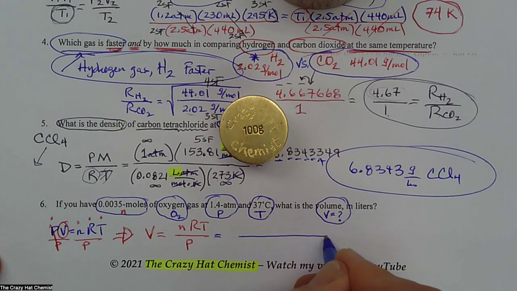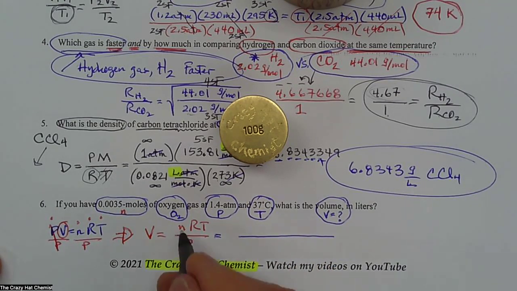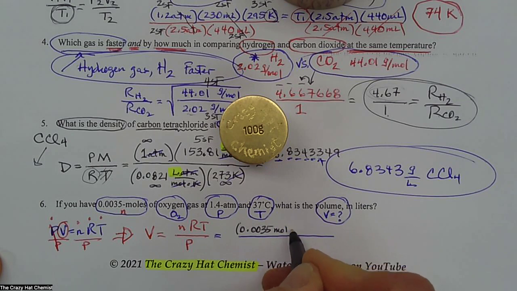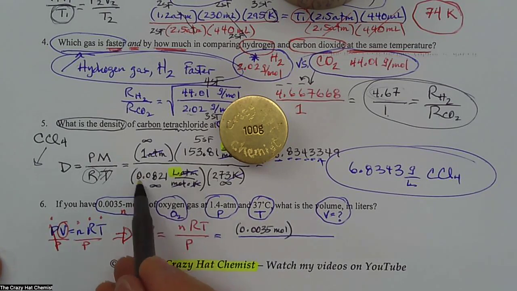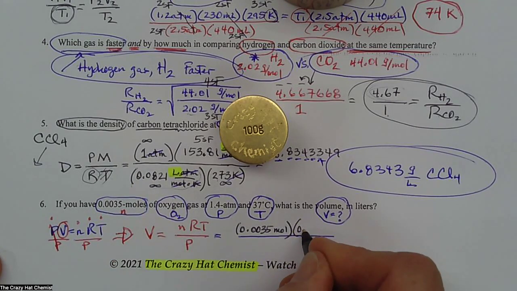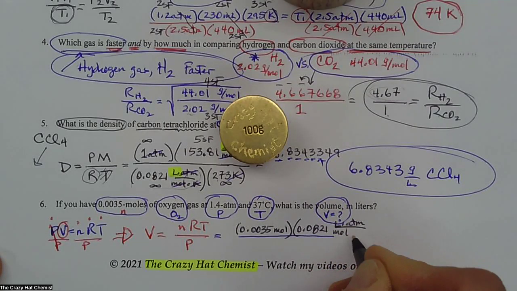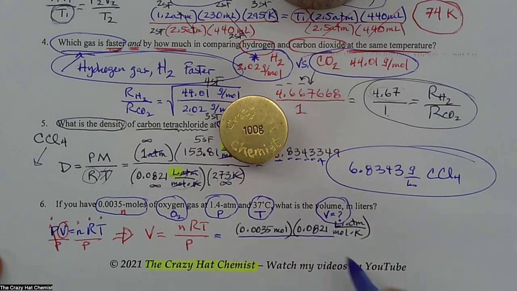All right, we're going to plug into this here, and we're going to get our stuff. N is equal to the moles. That is 0.0035 moles. R is equal to the gas constant. We've used it once before in the previous problem, and it is right here. That is 0.0821 liters atmospheres divided by moles Kelvin. And then what do we have? We have the temperature, and the temperature must be in Kelvin.